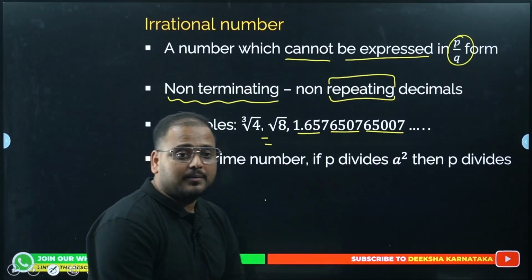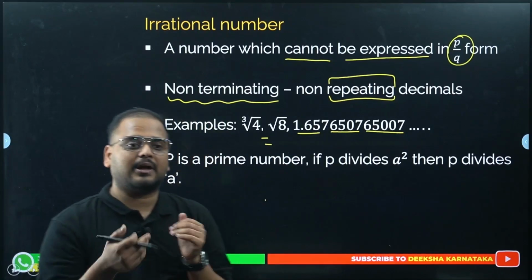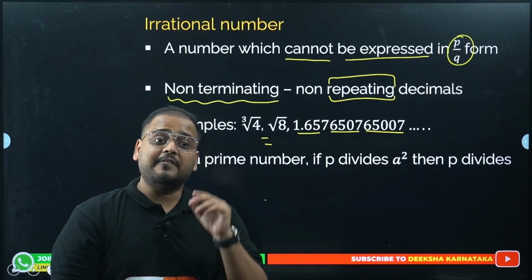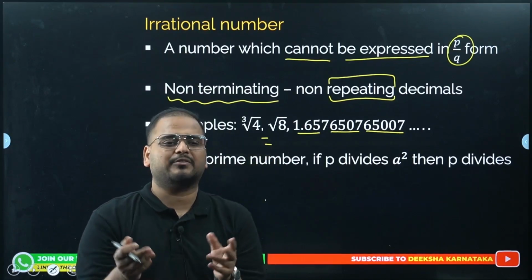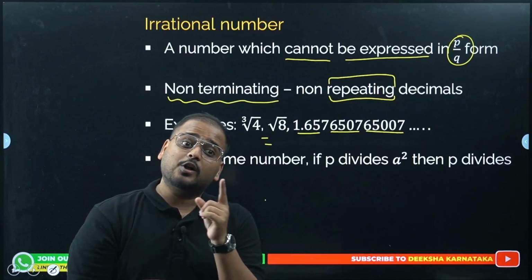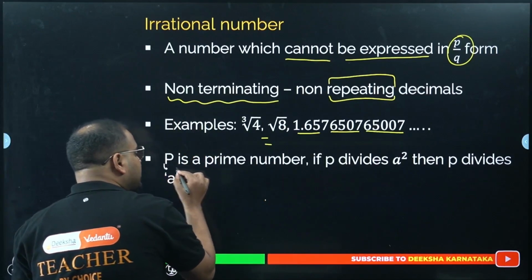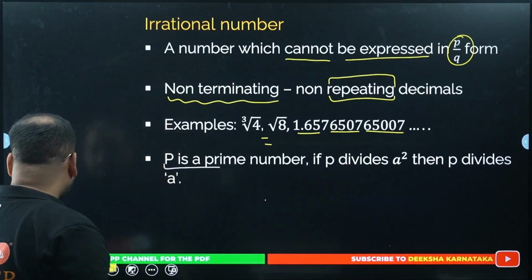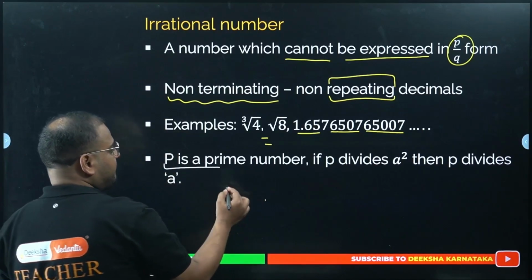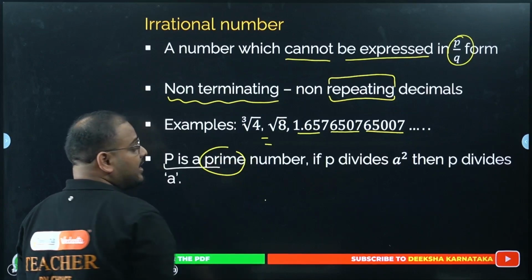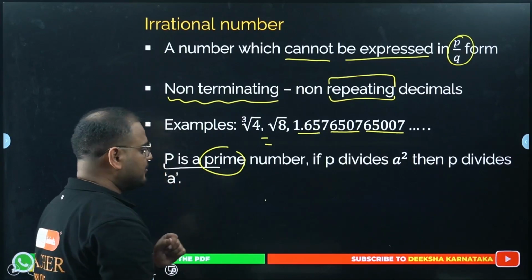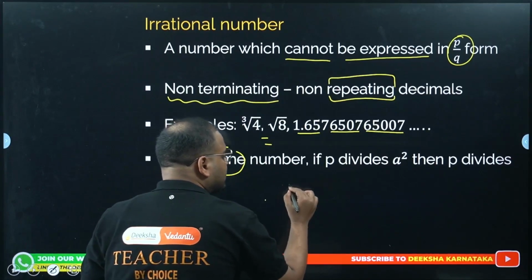If P is a prime number, any prime number that we have, and it divides a number which is a perfect square, then it will also divide its square root. Again I'll repeat, for any prime number P, if it divides a perfect square, for example, let's take 36.